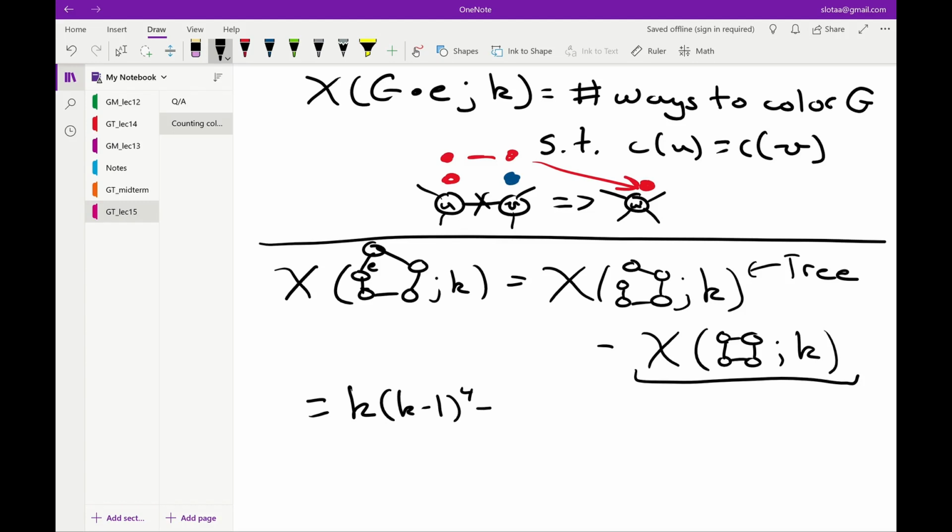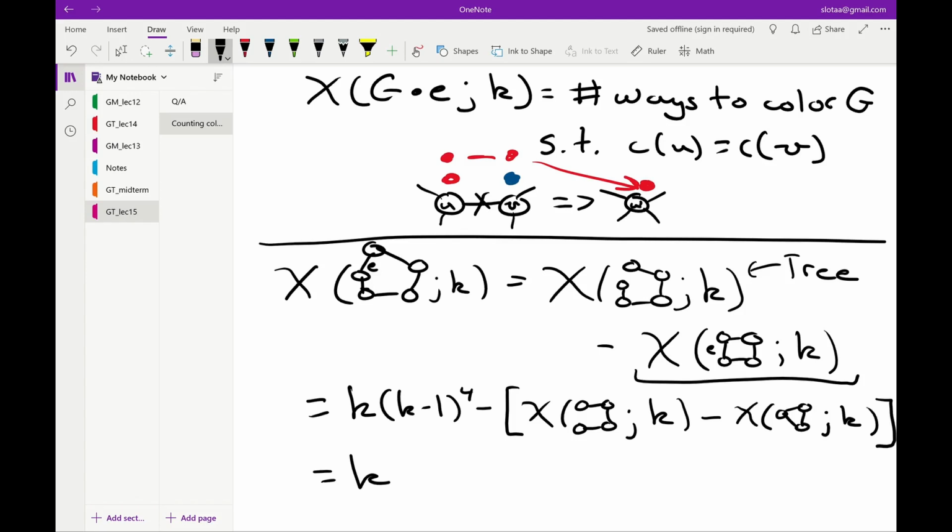this, but we can again apply our fundamental reduction theorem. Considering this is our edge e in this instance, we get another tree, minus the polynomial of a 3 cycle, aka a clique of size 3.